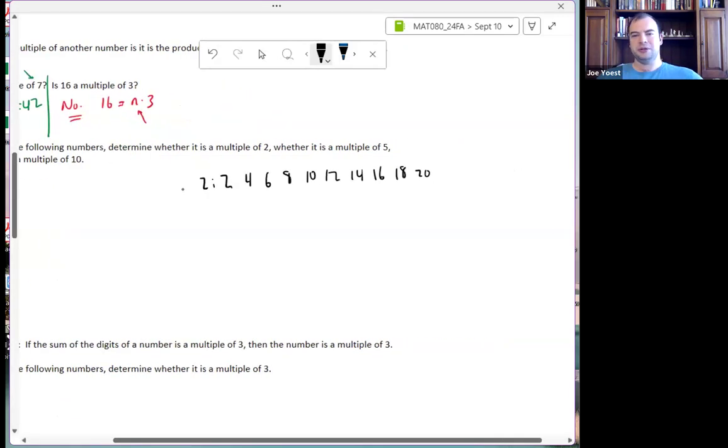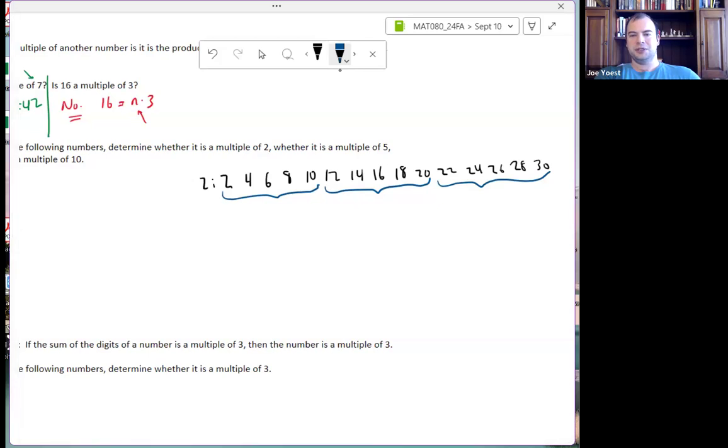And if we wanted to keep going, 2 times 11, 22, 24, 26, 28, 30, we might see a pattern repeating over and over again. We might see that we have this pattern in the last digit, 24680, 24680, 24680. And that repeats over and over again.